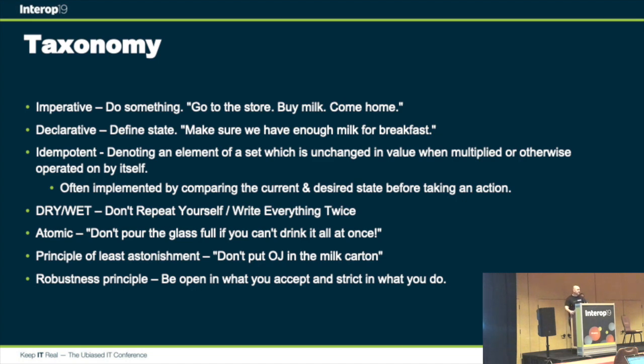Robustness principle. This is the idea of being open in what you accept and strict in what you do. As an example, I have a function that will accept an integer or a string that's an integer, but when I talk to someone else, I'm only going to send an integer.